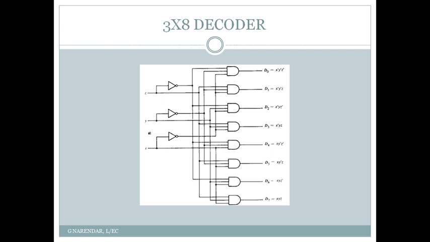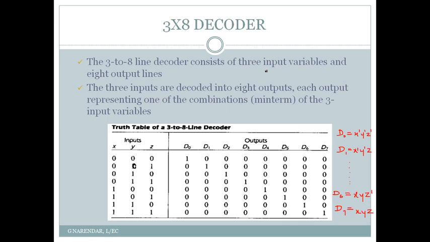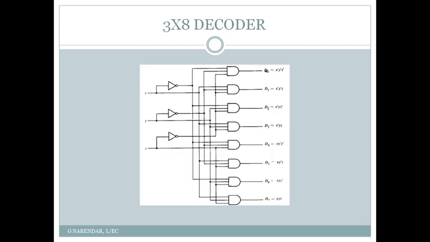Here we have 3 inputs x, y, z, where we apply the bits of the code that is to be detected by the 3/8 decoder, and we have 8 output lines d0 to d7. We have obtained the expression for all the 8 output lines d0 to d7, and each of the outputs can be obtained by using an AND gate. So we have 8 AND gates here corresponding to the 8 outputs.